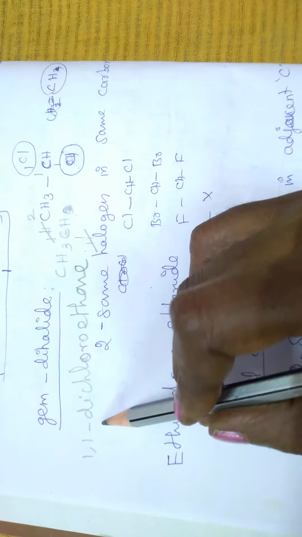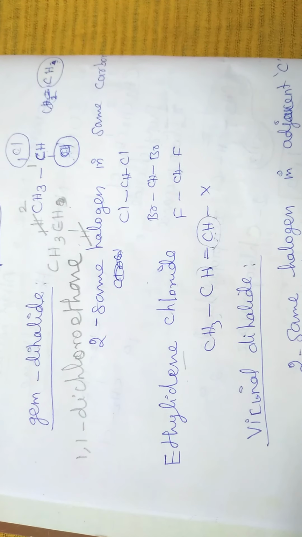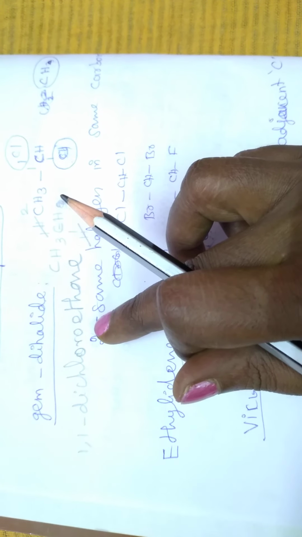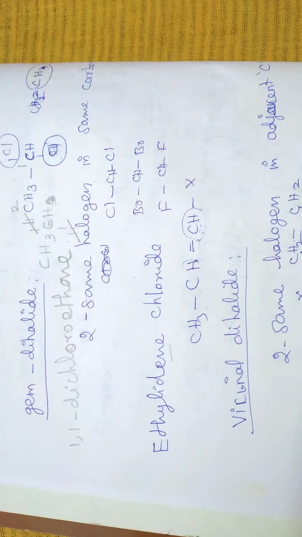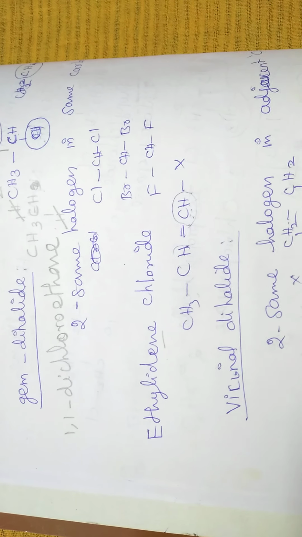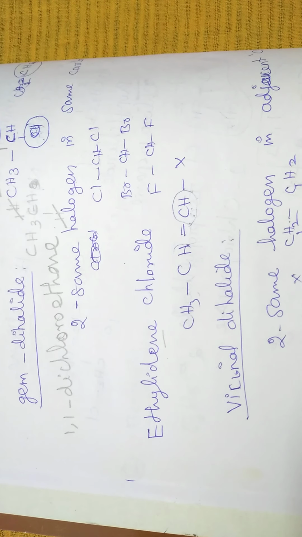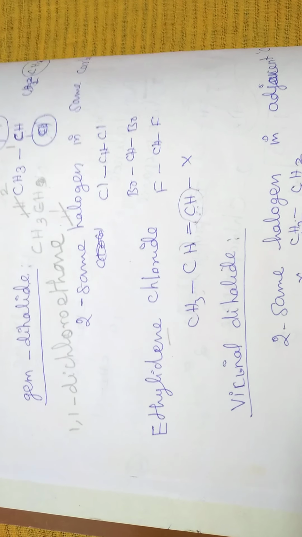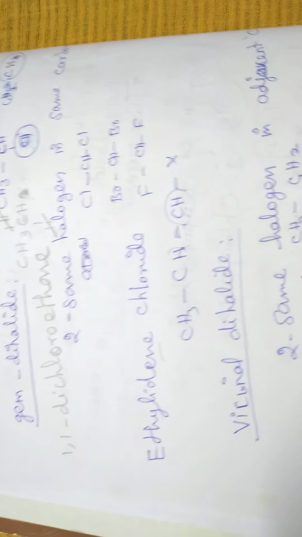Is it clear, children? That is the IUPAC name. Ethylidene chloride is a common name. Gem dihalide means 2 halogens attached in the same carbon atom.